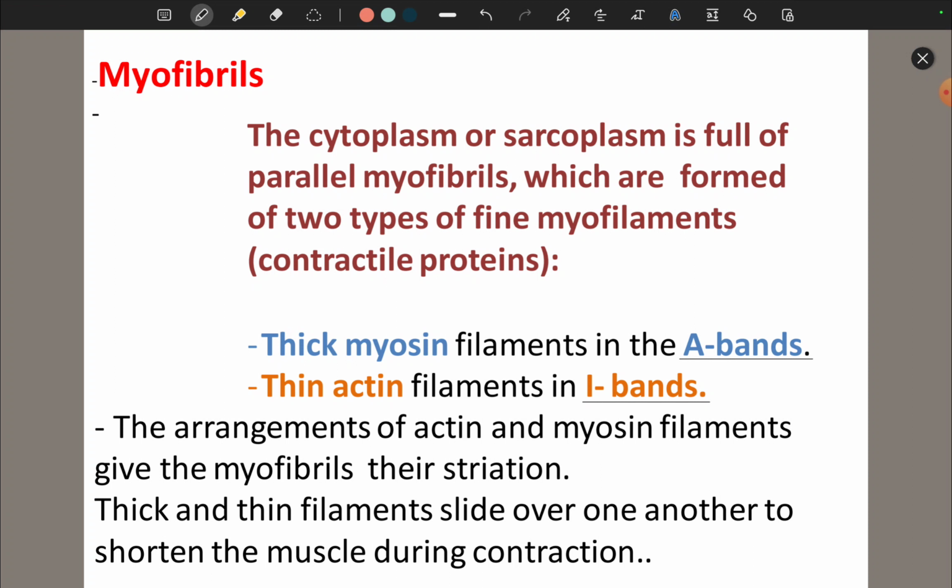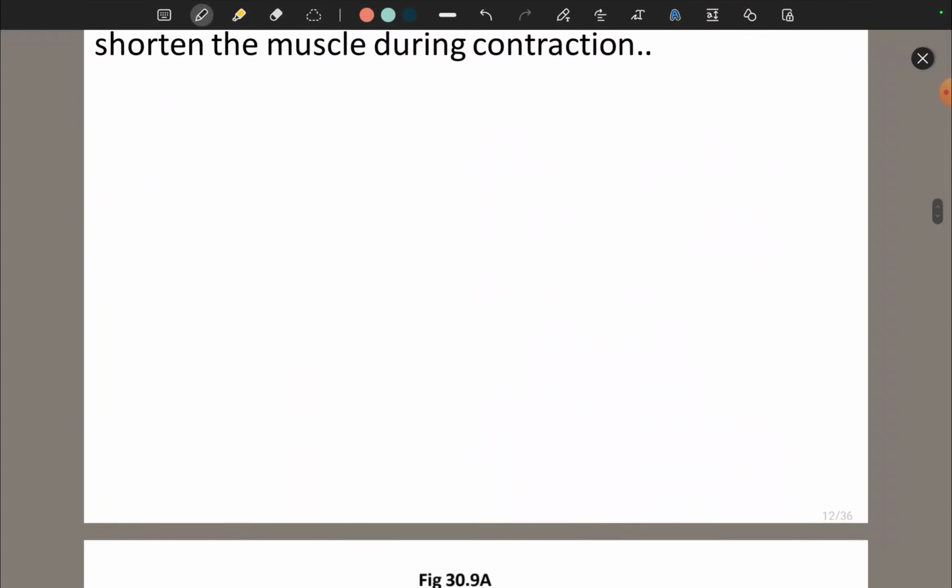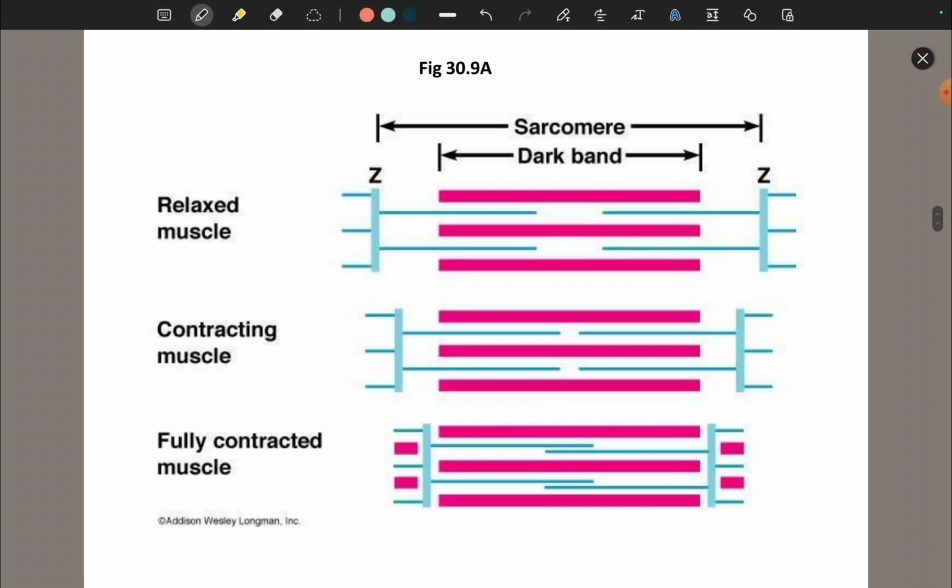Now, this image is showing the sarcomere. We are focusing on the sarcomere because it is a very important structure in skeletal muscle. As you see here, we have two Z lines bisecting the I band. You see in the relaxed state here, there is a bit of overlapping between the actin and myosin.